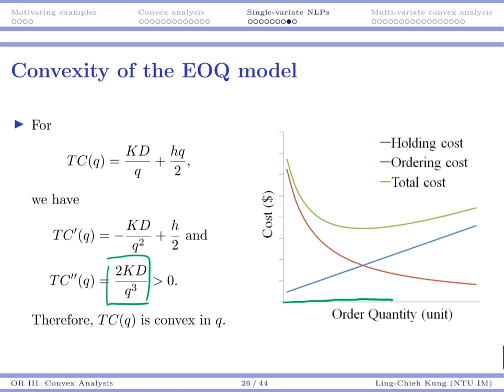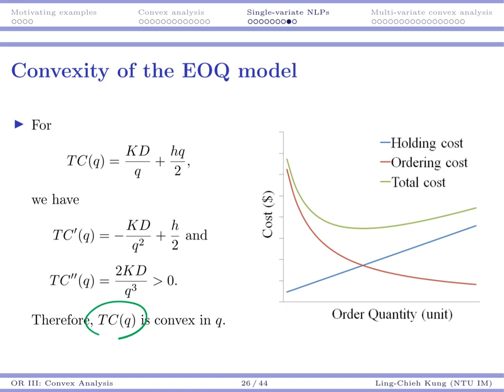So when we are talking about the feasible region, which is from 0 to infinity, whatever Q you give me, we know the second order derivative is positive. Certainly you cannot replace Q by 0, and you won't do that because that's not going to be feasible. Okay, so somehow we know this function is convex.